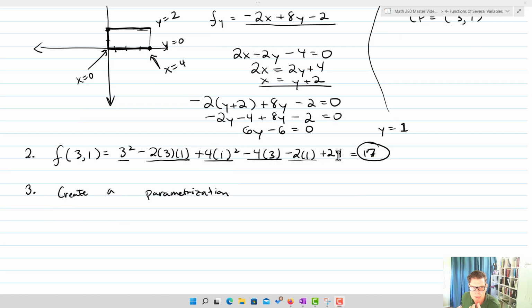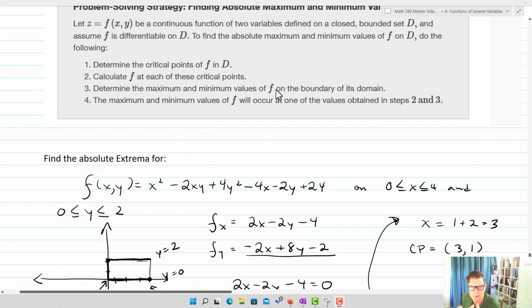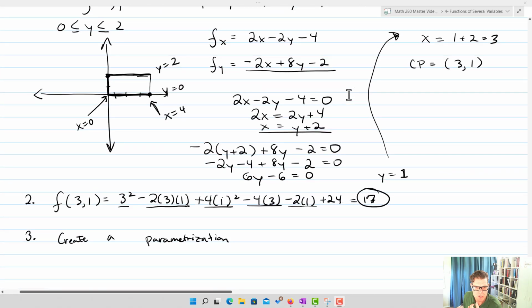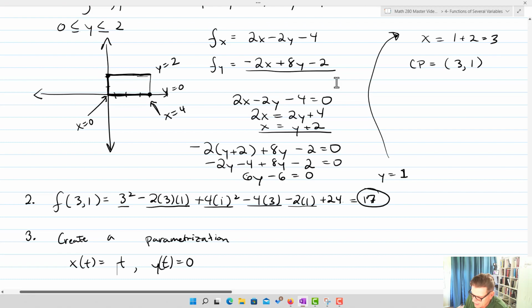In order to determine the maximum and minimum values of f on the boundary of its domain, we're going to create a parametrization. We're going to let x of t equal t, and let y of t equal 0. Basically, that's this line here along the boundary.